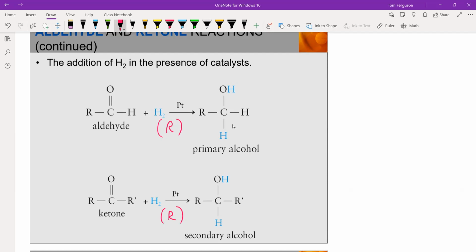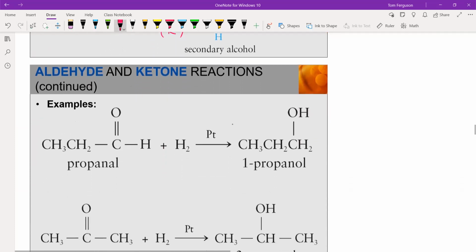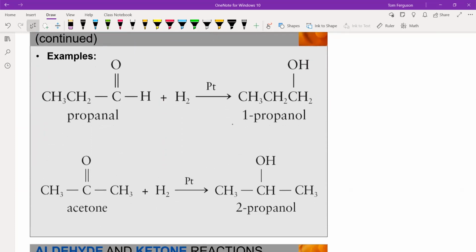Now, these are the reverse arrows that I talked about when I had the nice flow chart. In a reductive environment, instead of an oxidative environment, the aldehydes can go back to a primary alcohol, and ketones can go back to secondary alcohol. So here we have a 3-carbon backbone alcohol, and because it's an aldehyde, we produce the primary alcohol.